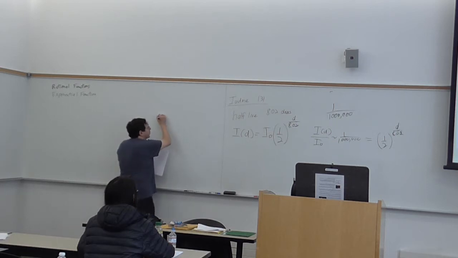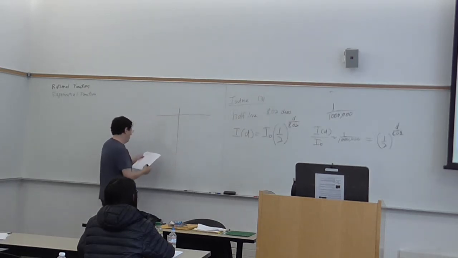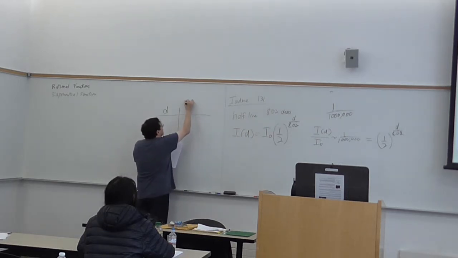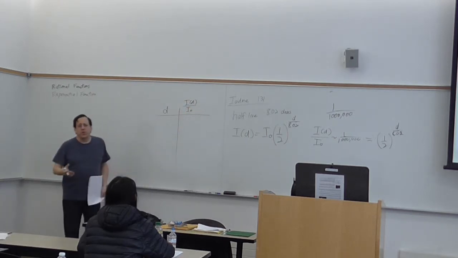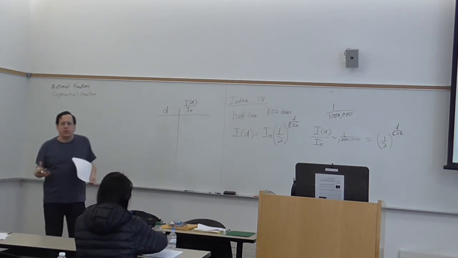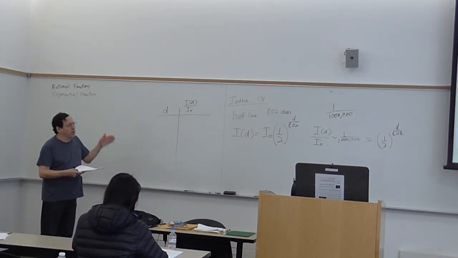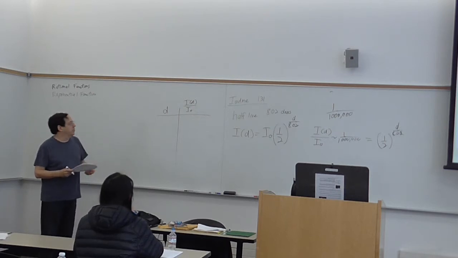And for that, I created a table. So here's number of days, and here's I of D over I naught. See, I don't really know how much they put in the cat, how many grams or micrograms. I just know that I want 1/1,000,000th the radioactivity left.